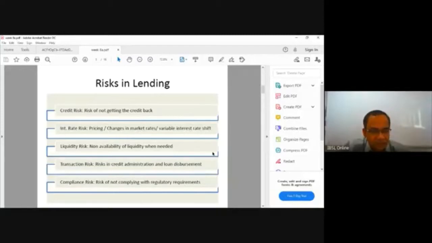Then it's a risk. It's a transaction risk which has happened because we disbursed the loan without taking the security documentation. By the time you went to execute the security document, you are faced with a situation where you are unable to execute the security mortgage bond due to various events taking place after the disbursement. So various operational issues can come in there.